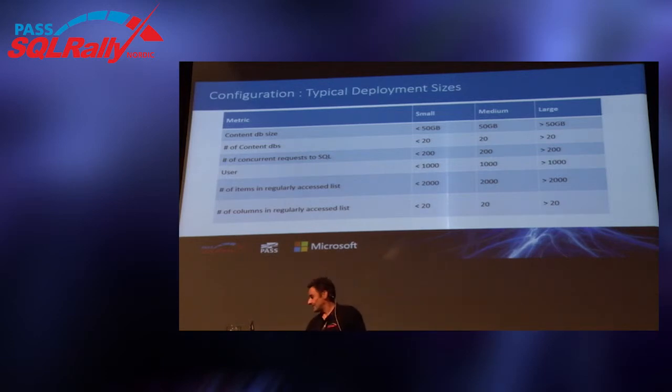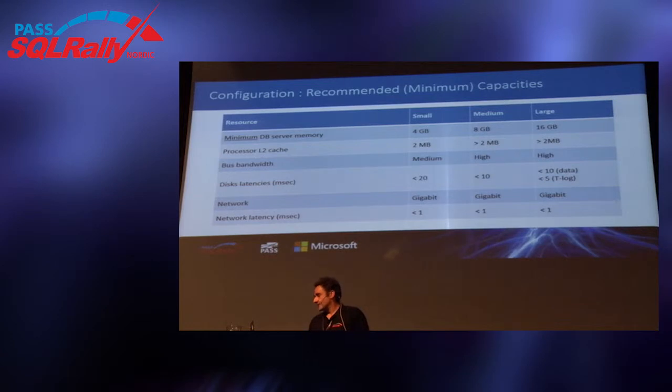So for those farm sizes, the recommended minimum capacities are listed here. If you want a balanced system, you usually calculate with 4 gigs memory per CPU core.